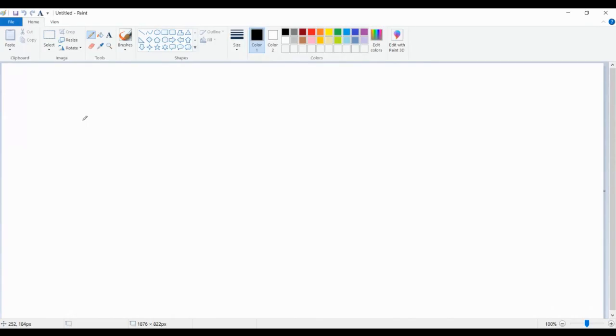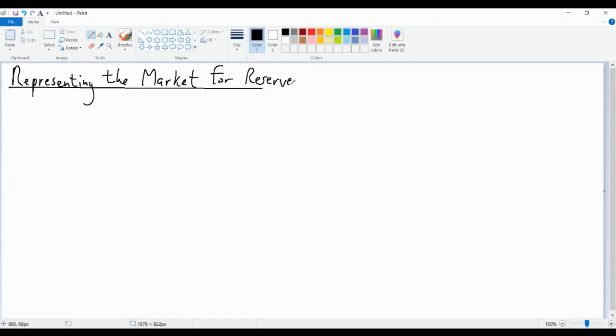And as discussed, this framework is going to take the form of a representation of what I referred to last class as the market for reserves.